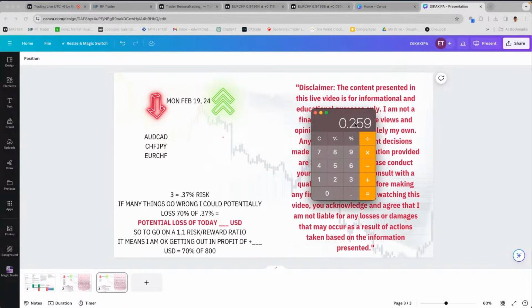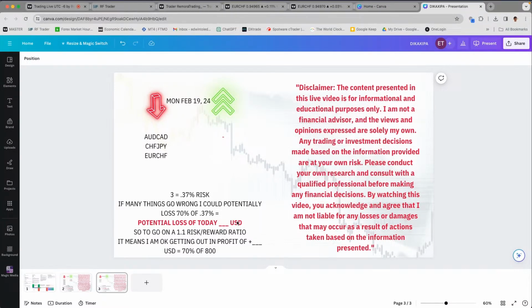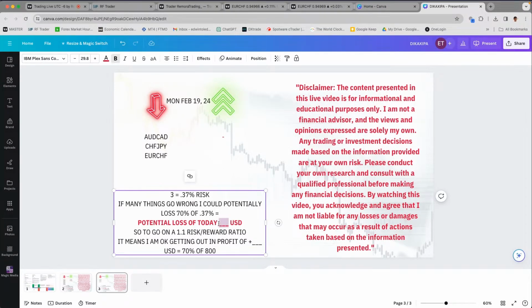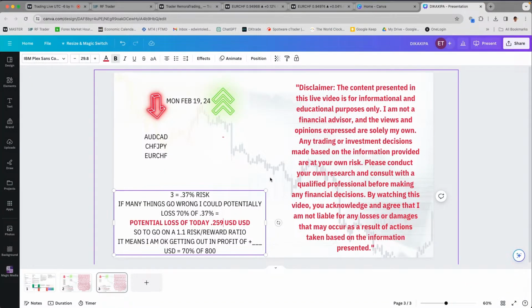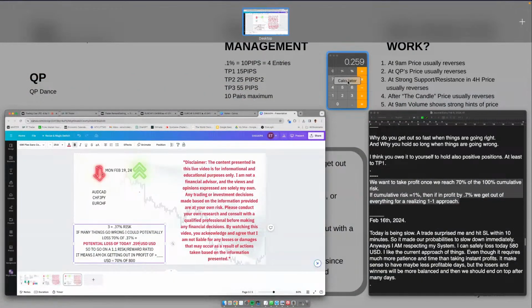So we can lose today 0.259, right? I mean, no, no, no. Now 0.259 is how much percentage we can lose.